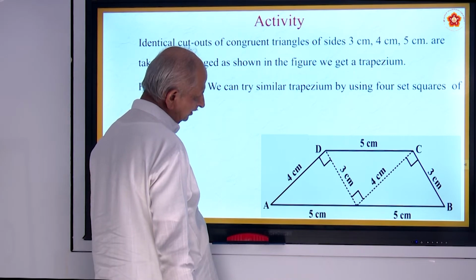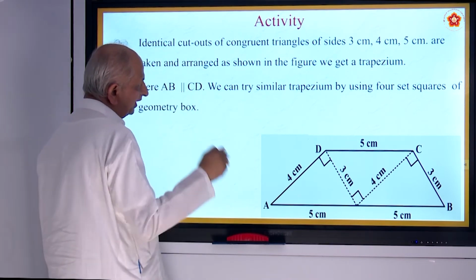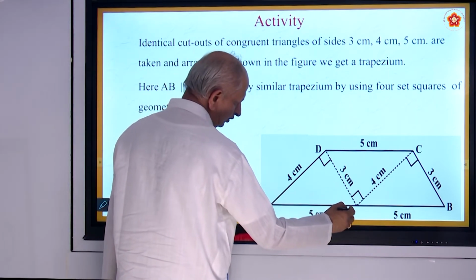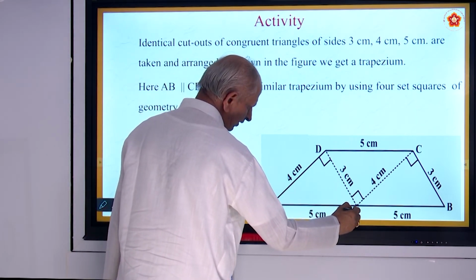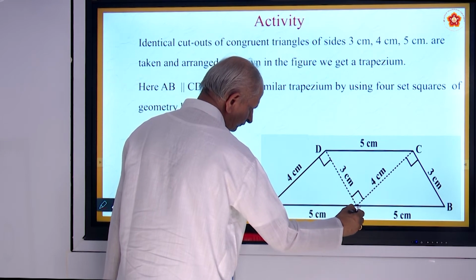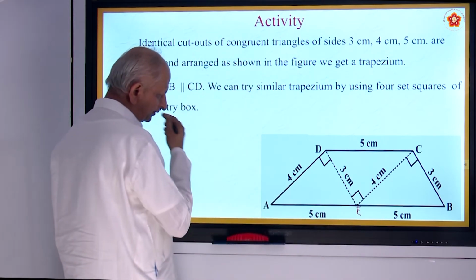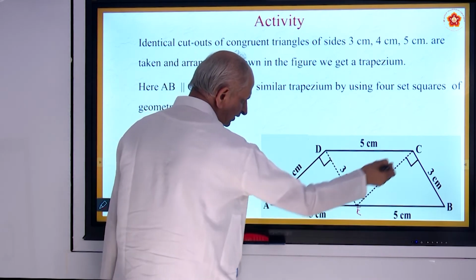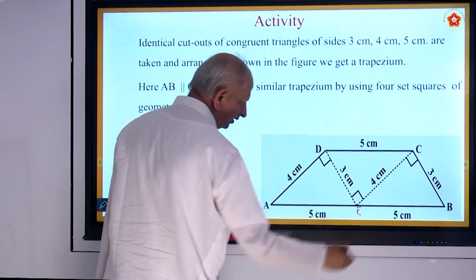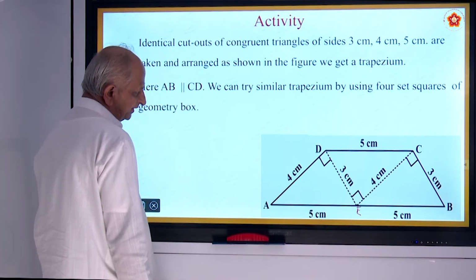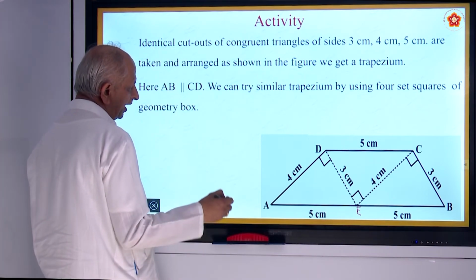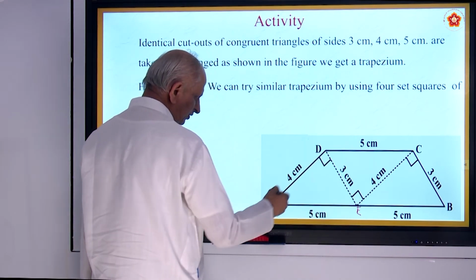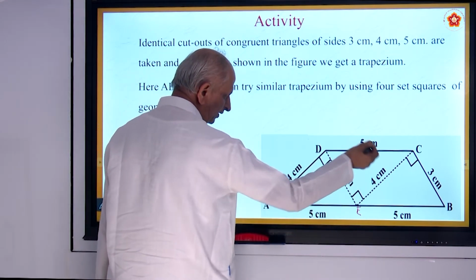So, you should take 3 triangles, namely, suppose you use the name here, say E. 3 triangles. One is called ADE, another is called ECD, third one is called BEC. And what should be the measure of sides? 3 centimeters, 4 centimeters, 5 centimeters, all of them.